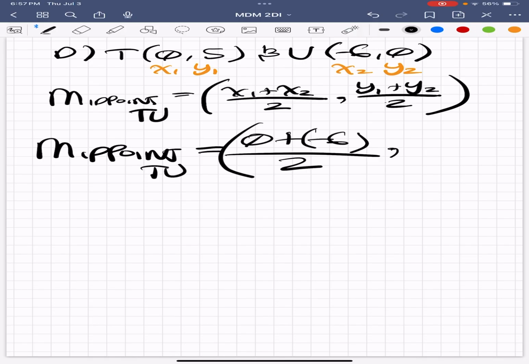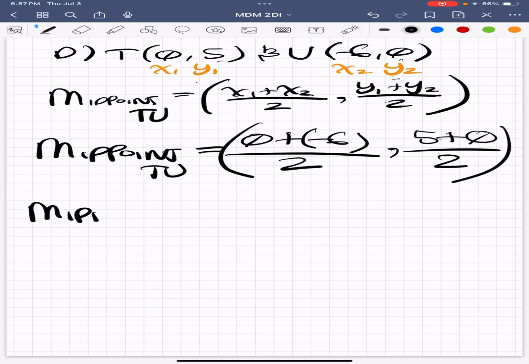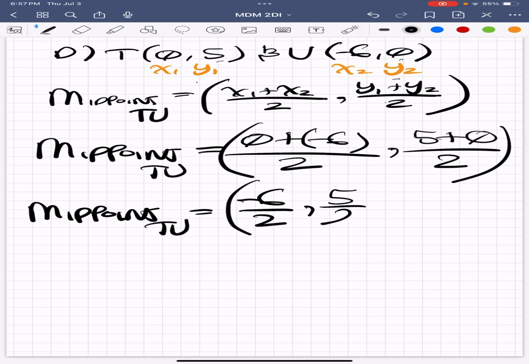We have y1 plus 0, so y1 being 5, and y2 being 0, over 2. And then we have it being negative 6 over 2, comma 5 over 2. And I'll just strike out those zeros there.